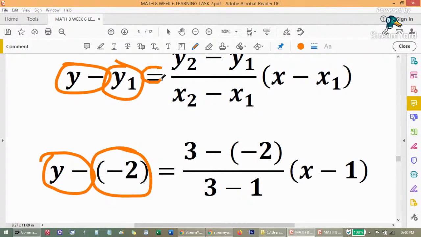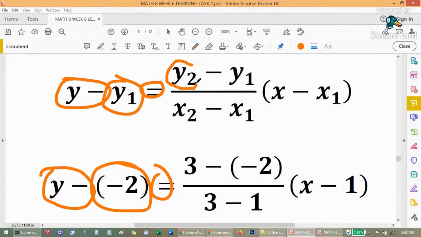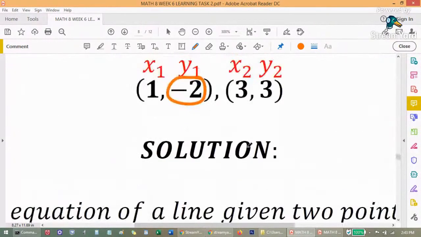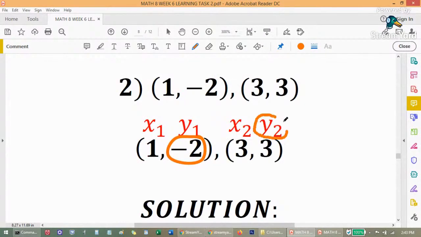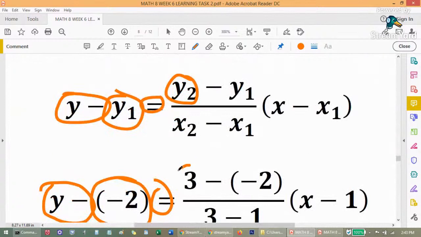And then equals, and then y sub 2. Our y sub 2 is 3. We replace it with 3 minus our y sub 1, which is negative 2.